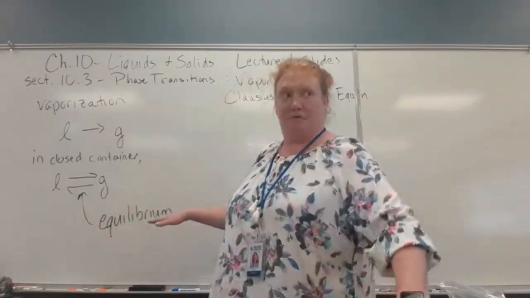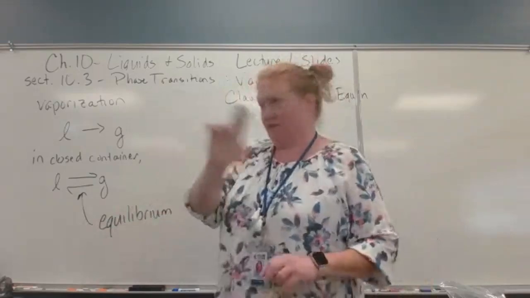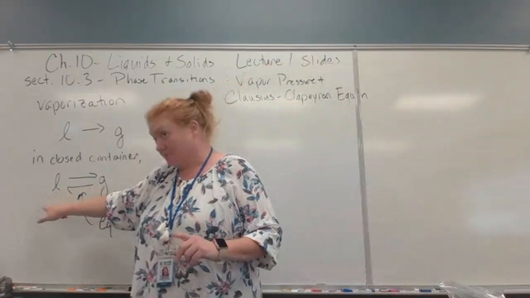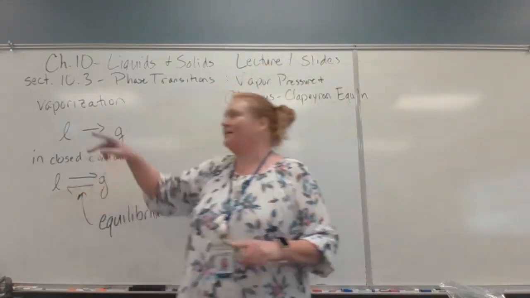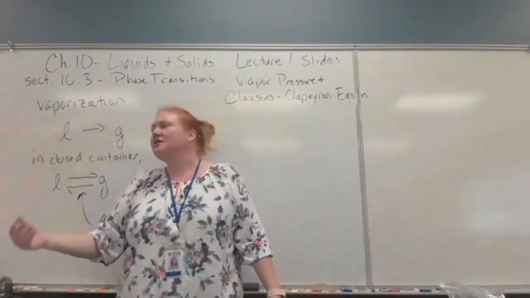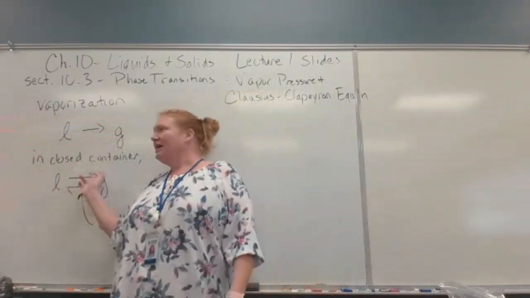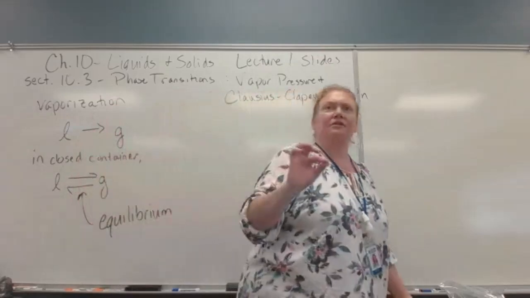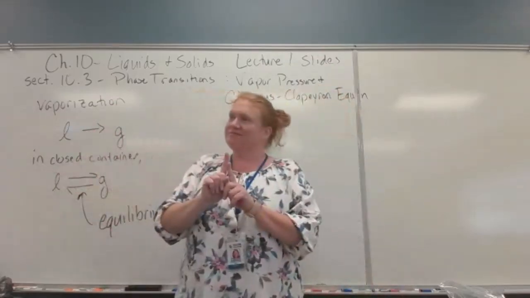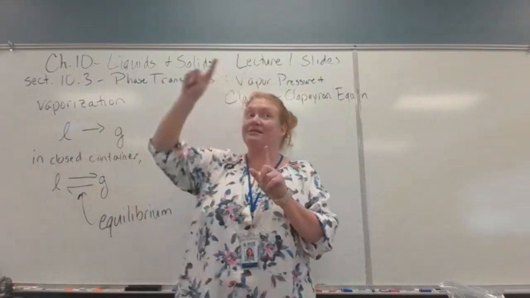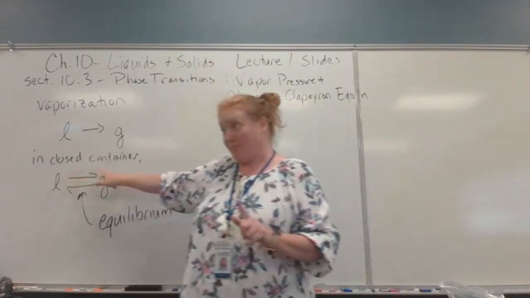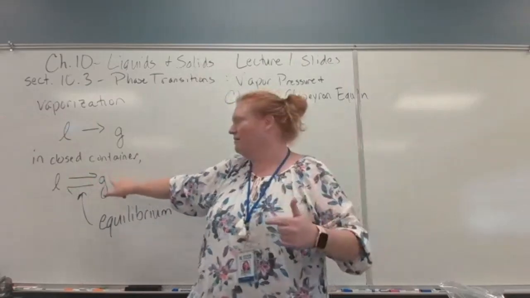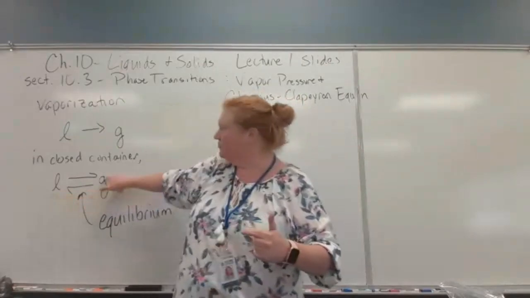But equilibrium doesn't mean there's equal amounts of liquid and gas. Look in that water bottle. John, is there equal amounts of liquid water and then the little bitty condensation at the top? Absolutely not. Equilibrium means the rate at which the water evaporates equals the rate at which it does what? What's this called?